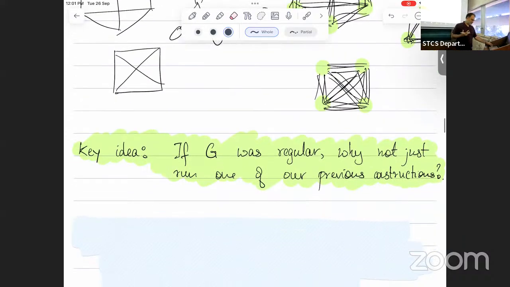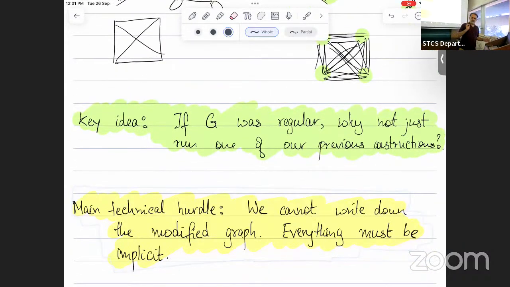So, basically this is what you need to do. The only real technical hurdle is that this is all going to be something which is like a mental thought process. You will not be able to actually make changes to the graph because you can't afford to write down what your new graph is, because you're only running in log space. So whatever you are doing, you should be doing it implicitly.